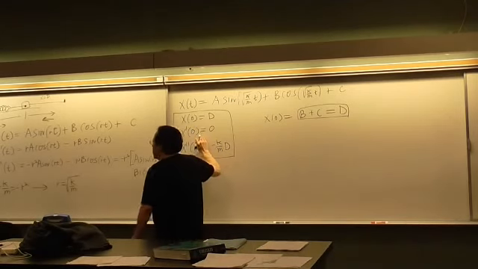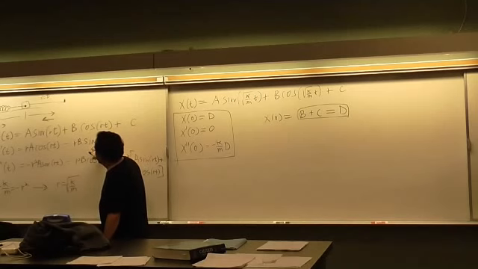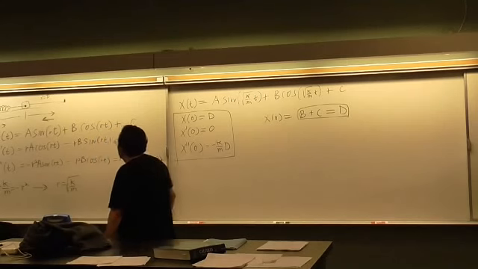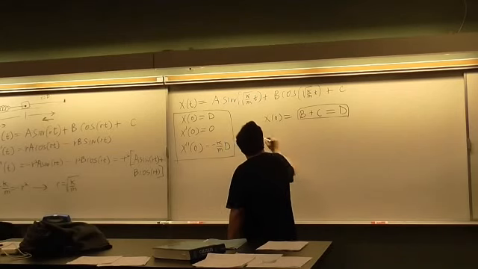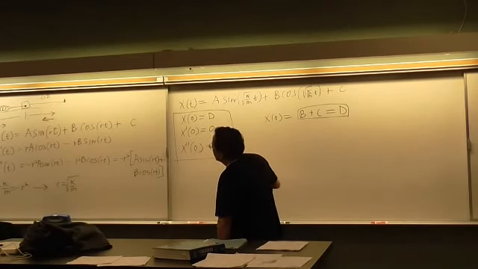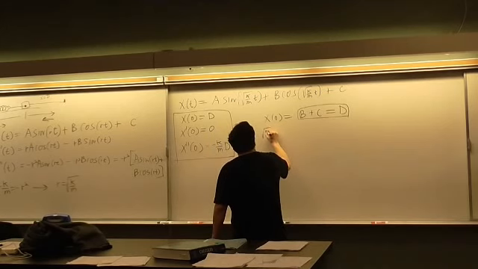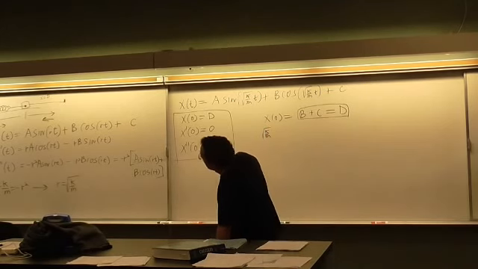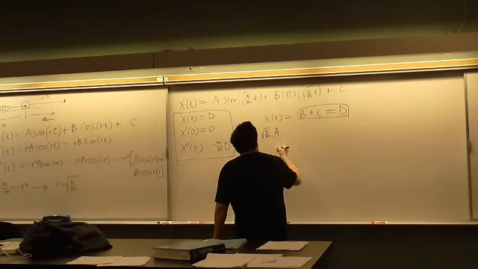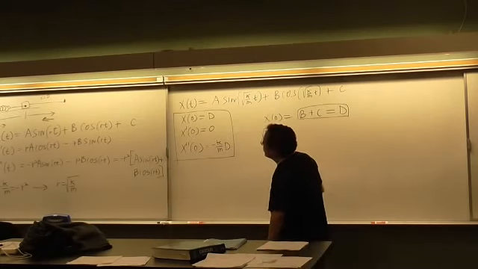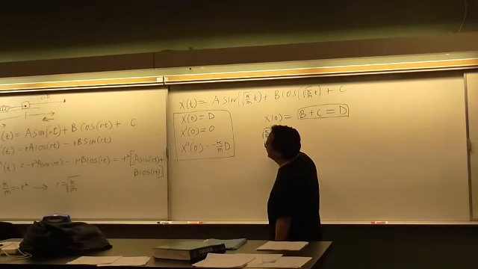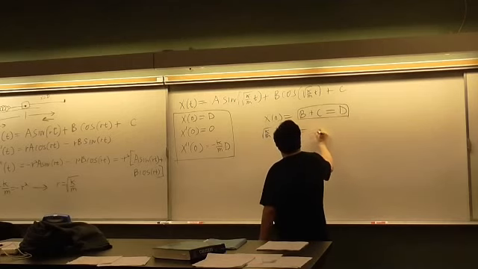All right. Let's take a look at our velocity here, the first derivative. We have r, which is the square root of k over m, times a cosine of 0, which is 1, minus, again, the square root of k over m times b sine of 0, which is 0, and that's equal to 0.